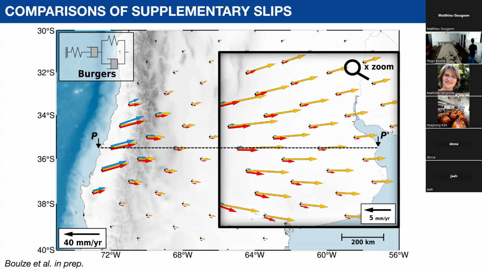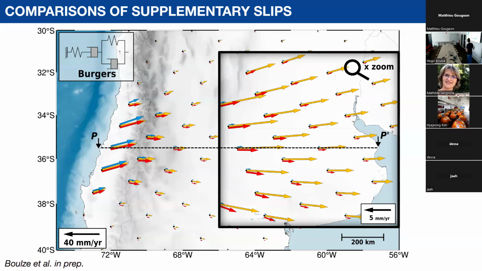It's good to know. But when we are looking very far away from the trench, so here we are in Argentina, you see that elastic models do not predict any more deformation, or the deformation is very, very low.